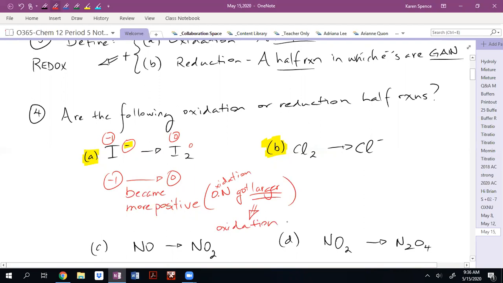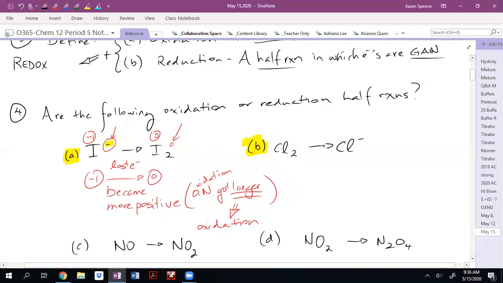This one's really easy because there's no funny elements in there. It's just iodine. Iodine starts with extra electrons and it finishes with no extra electrons. So it must have lost electrons in the process. Going from a negative charge to a 0 charge means that it lost electrons, okay?